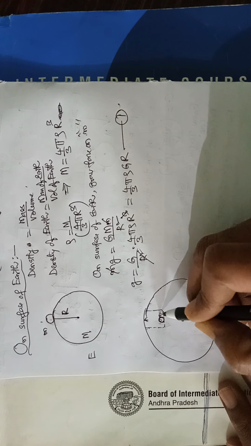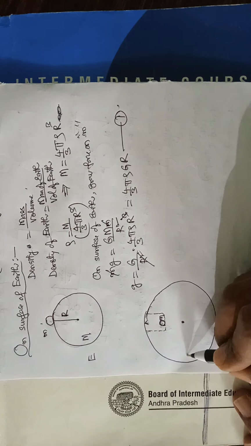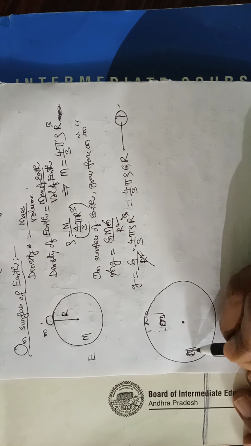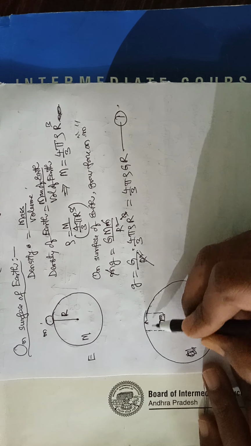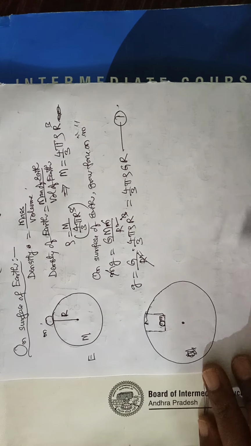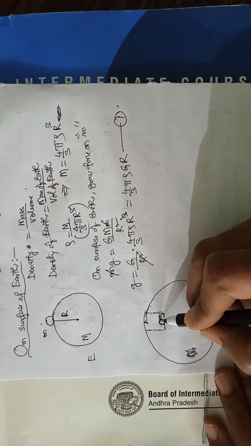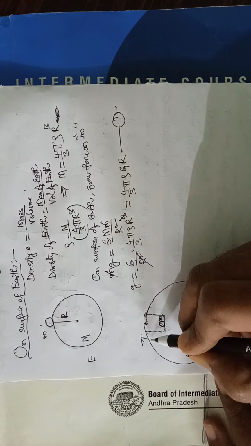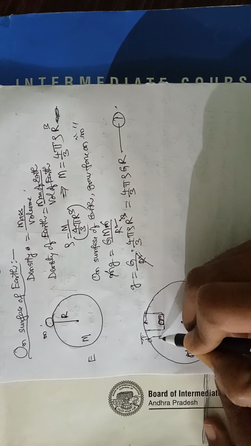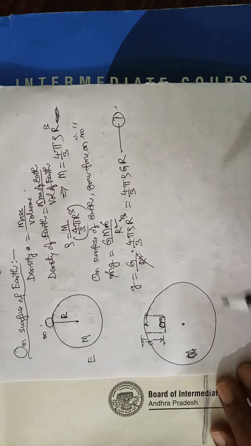Its mass is small m. The earth's mass is capital M. Now it is at a depth of d from the surface of the earth.